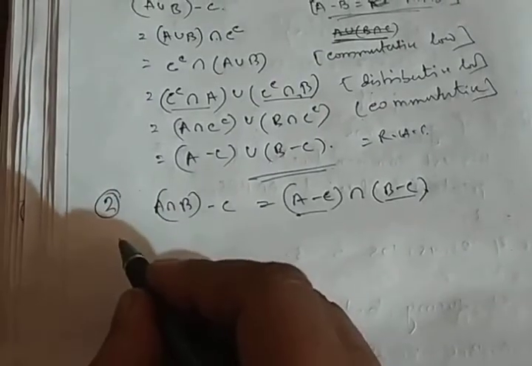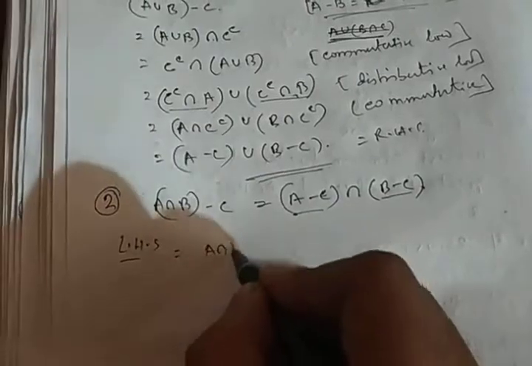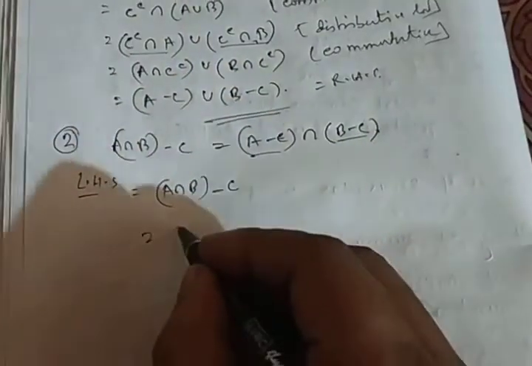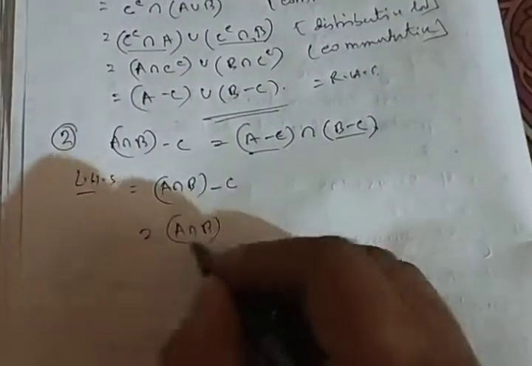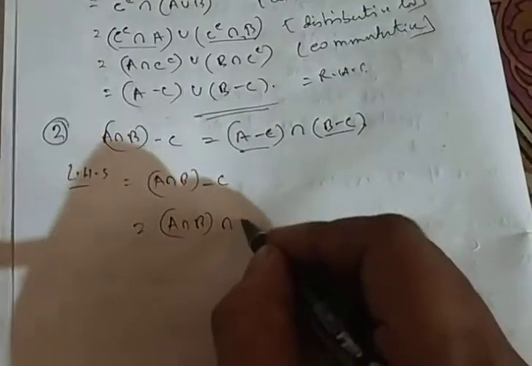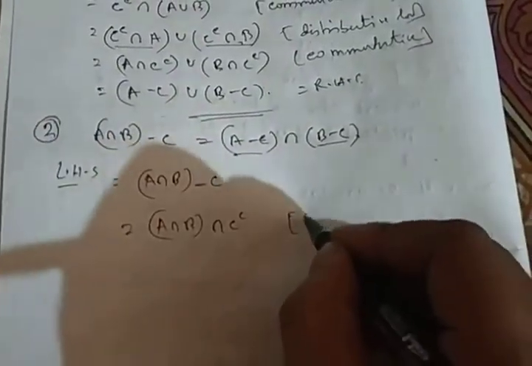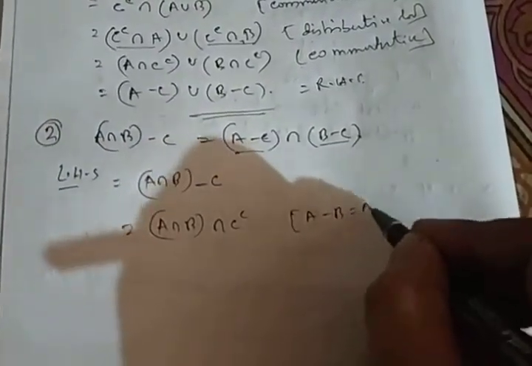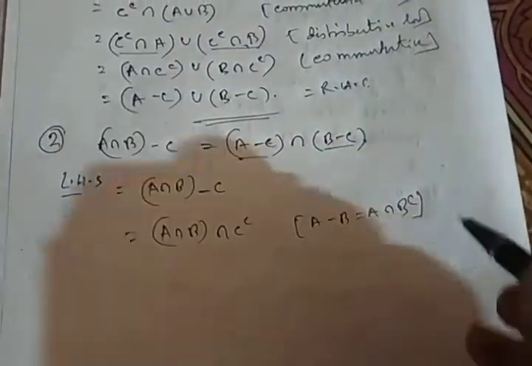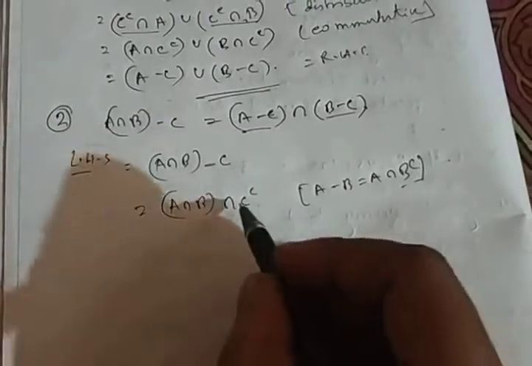So usually we will start from the left hand side, (A intersection B) minus C, which equals, the same way, A intersection B intersection C complement, as A minus B equals A intersection B complement. B complement is the complement of B, here C complement is the complement of C.